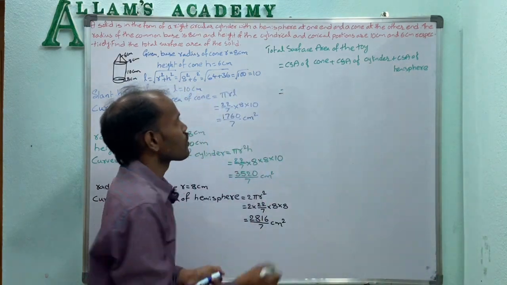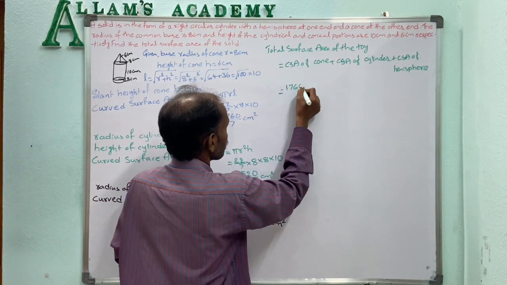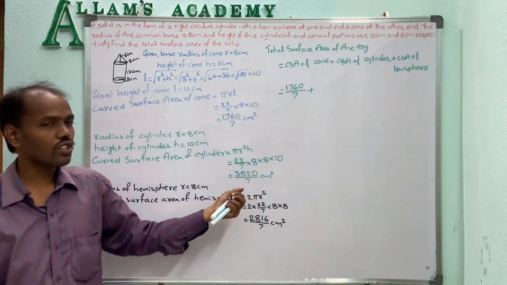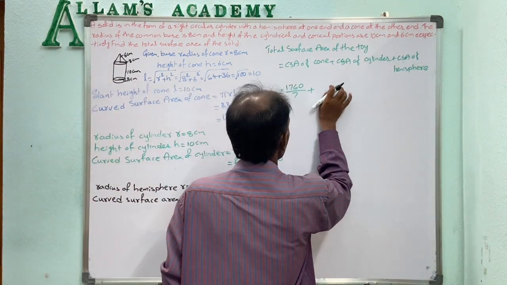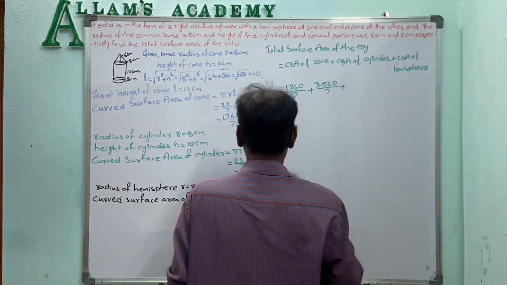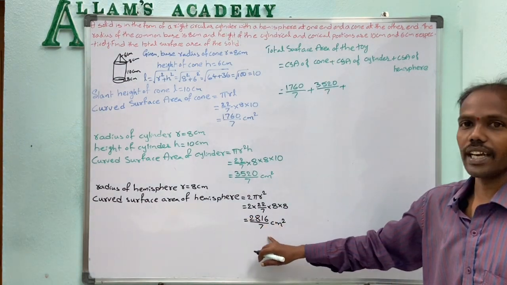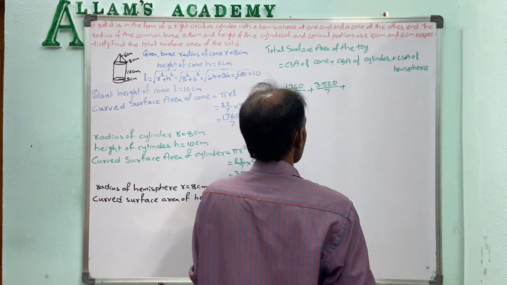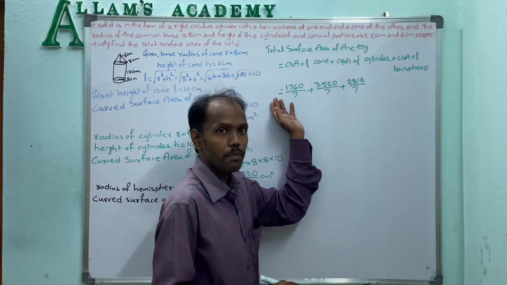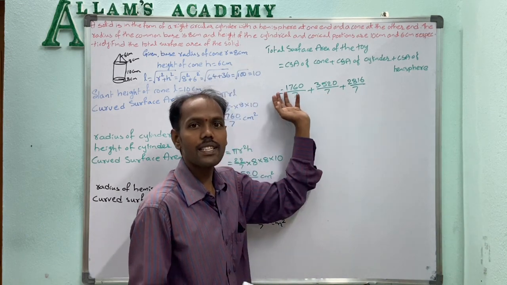That equals 1760/7 plus 3520/7 plus 2816/7. If we observe, the denominators of the fractions are all 7, so they are like fractions.